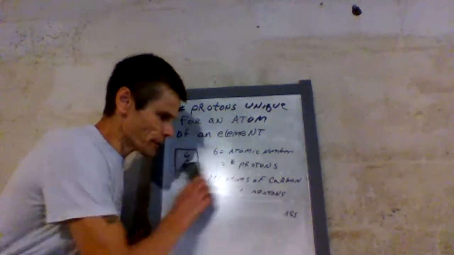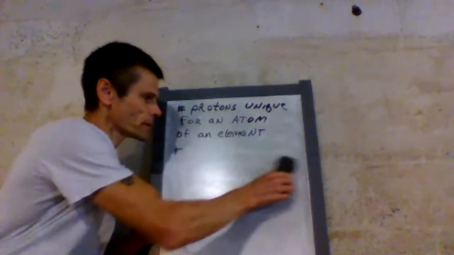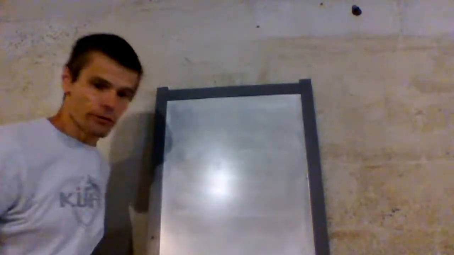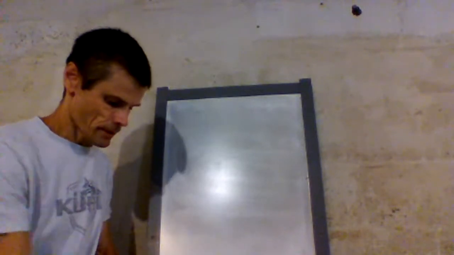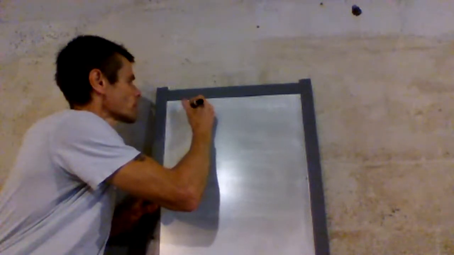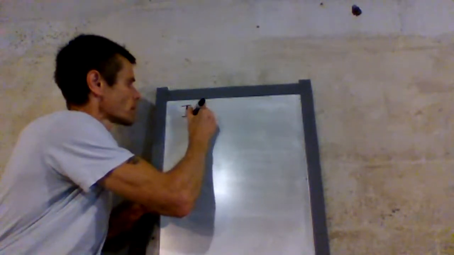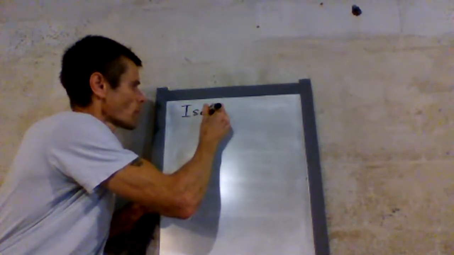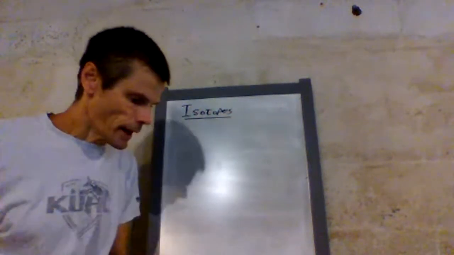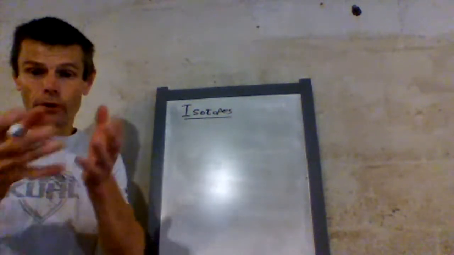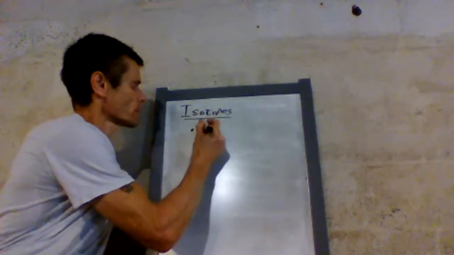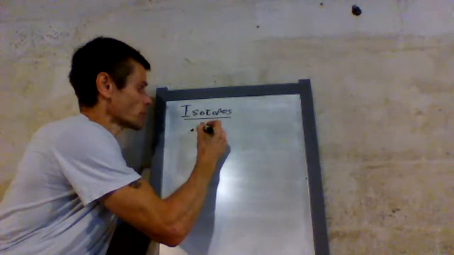So let's move to another related topic, and that is how we define atoms with different numbers of neutrons. These are called isotopes. So isotopes are our next topic. Isotopes of a particular element all have the same number of protons.